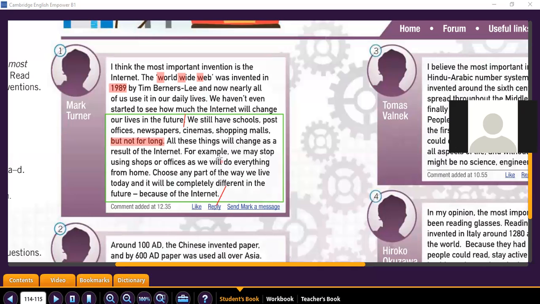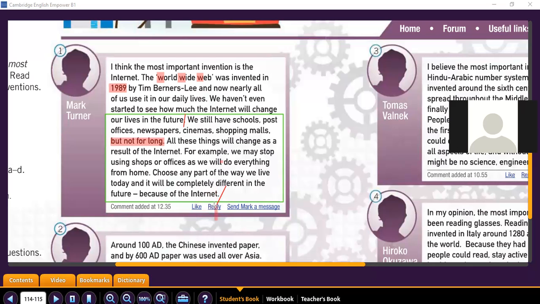Con lo de la pandemia, todo el sistema cambió y el internet fue la principal herramienta para poder sobrevivir durante la pandemia, ¿verdad? You had classes online, you had to buy some food online, you had to maybe work, your parents had to work, some of them on internet from home, right?